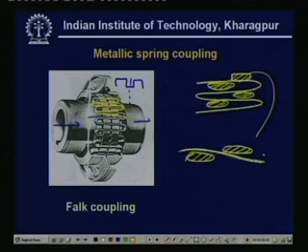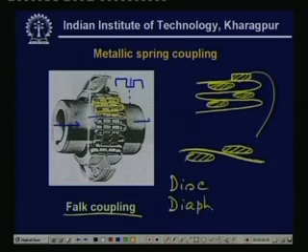This gives sufficient flexibility and this is very much used. This is sometimes called the Falk coupling, but this is metallic spring coupling. There are other kinds of metallic couplings which use the disc or diaphragm. If you want to know more about this disc or diaphragm coupling, please look at some good reference book.